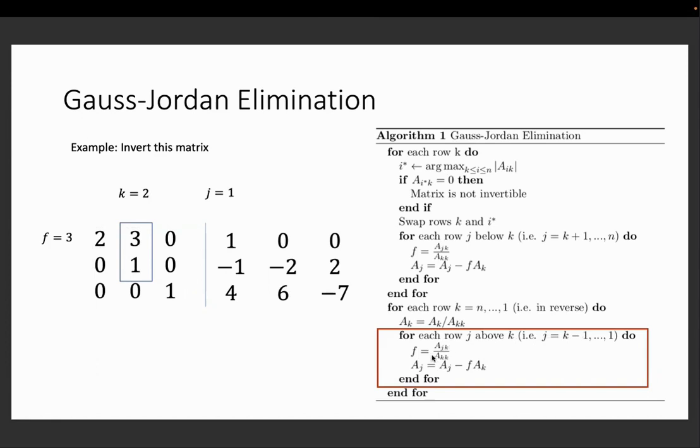And then the scale factor can be 3 because we have 3 here, and we divide by akk, which is a22, so the scale factor is 3. And then we replace the first row, which is aj, by aj minus 3 times a2.